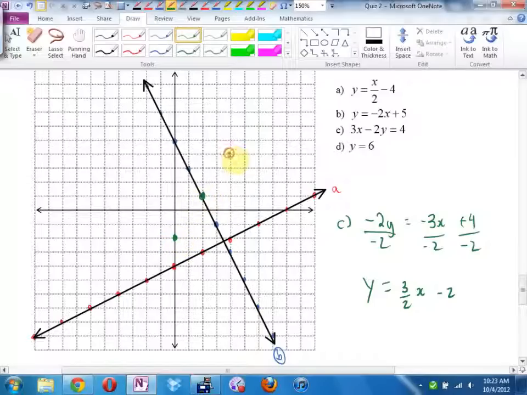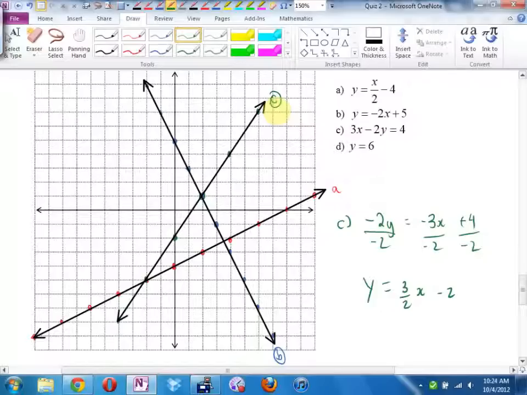Up 3 over 2. And I can go back 3 down 2, or down 3 back 2. There's line C.